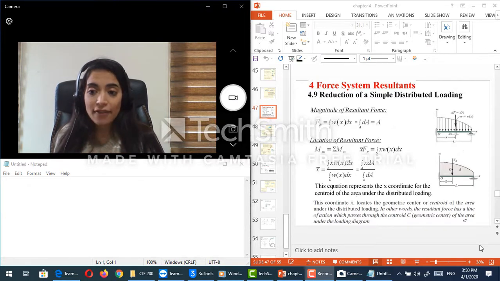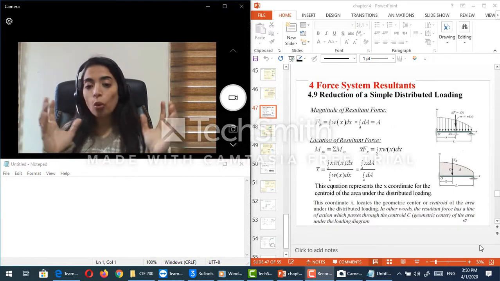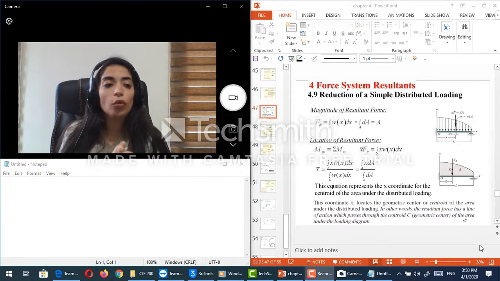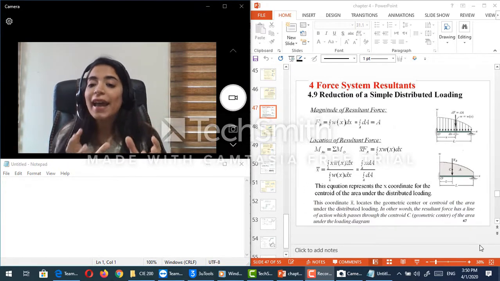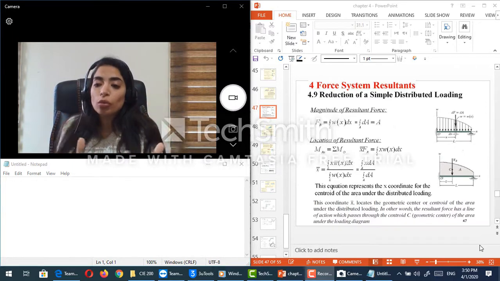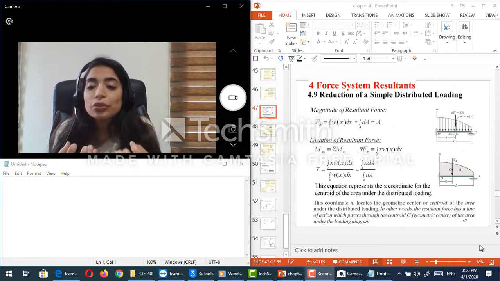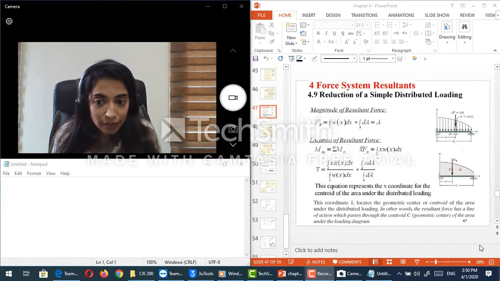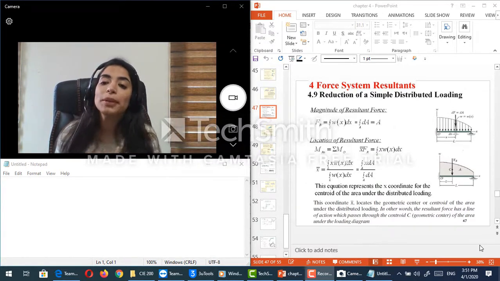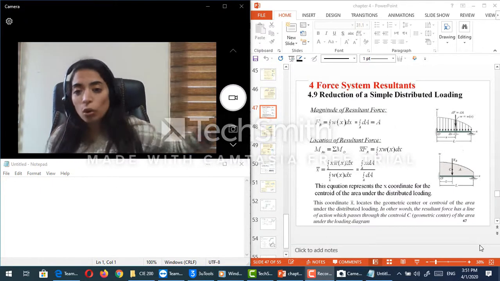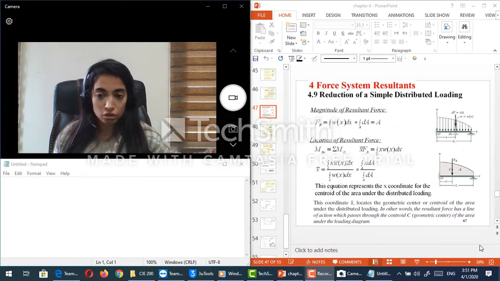Usually, I have a distributed load all over the beam, all over the bridge, all over the gear. So I have a distributed load over my part. But in order to simplify our cases, we always want to simplify this distributed load into one point load located at a certain position.